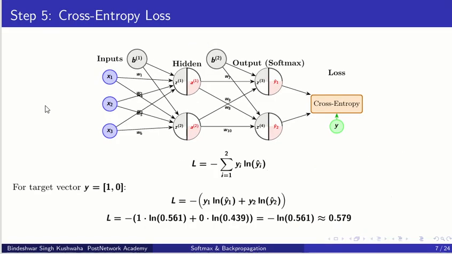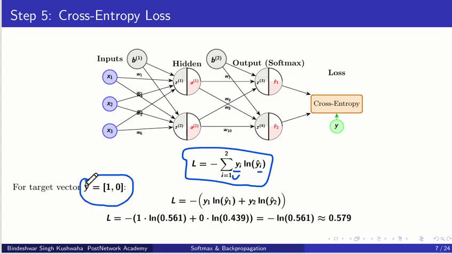Now here we will calculate the loss function. The loss function is defined here, that is cross entropy. For 2 classes, so 1 to 2, y1 log y1 hat, and so on. And what is the target? Target is very important. This one is the target.